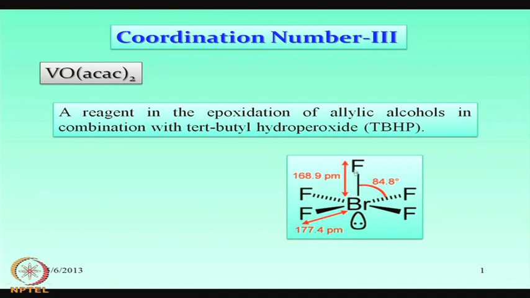This means that this fluorine is tilted a little toward this particular fluorine, making the angle less than 90 degrees. The bond lengths are also different: they are 1.77 angstrom, but this particular one is 1.68 angstrom, which is axial in nature.